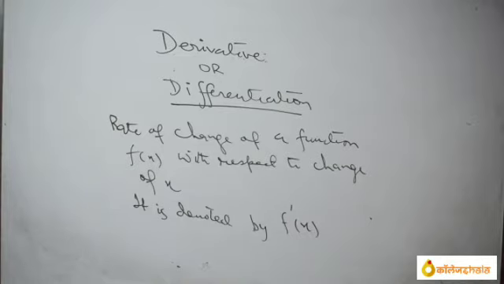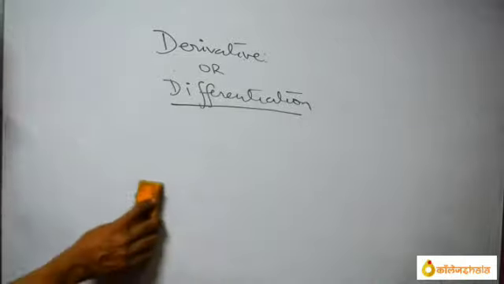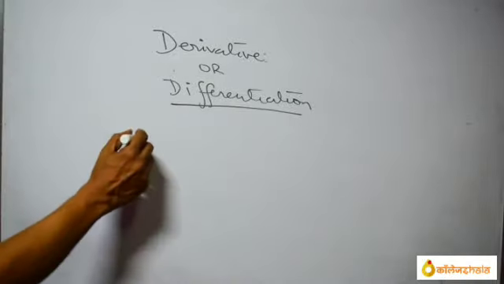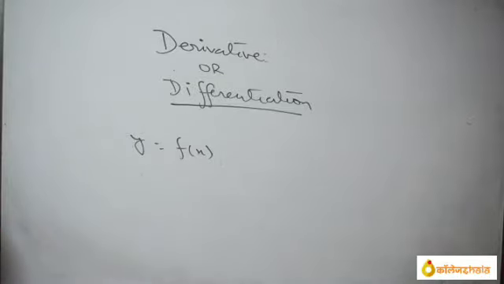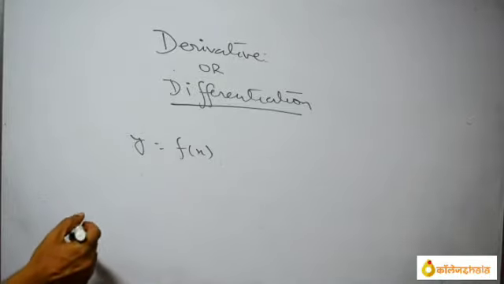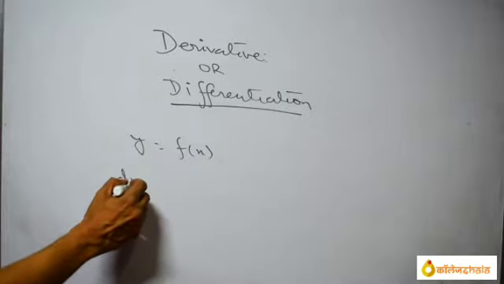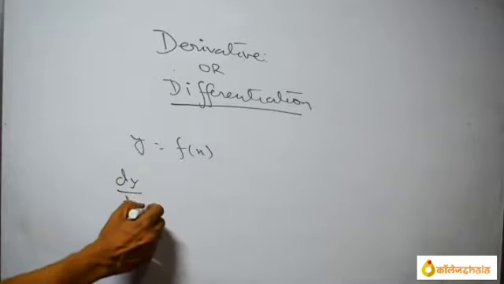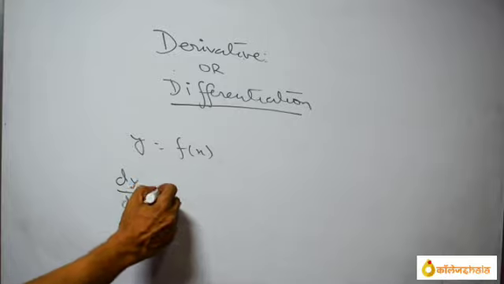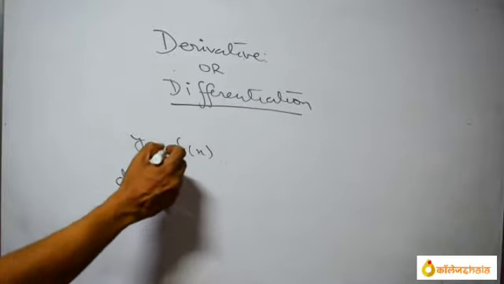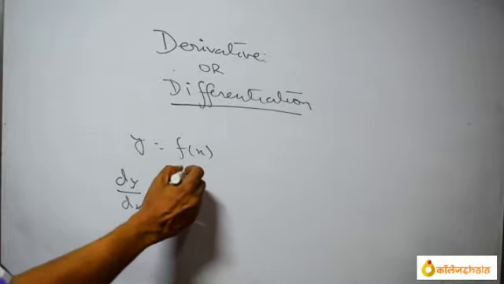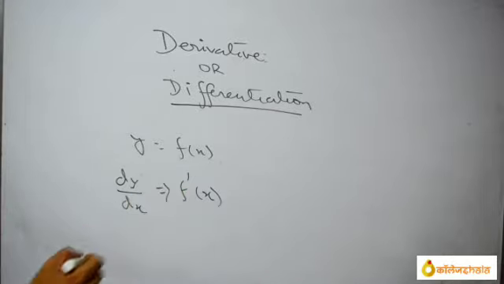Generally, our notation for f(x) is y, a variable which is dependent on x. Then we write the derivative of y with respect to change of x as dy by dx. So dy dx is nothing but the derivative of y with respect to x, and f dash x is nothing but dy dx, what we usually denote.